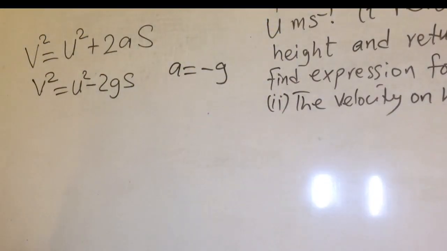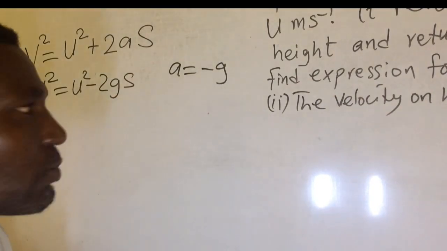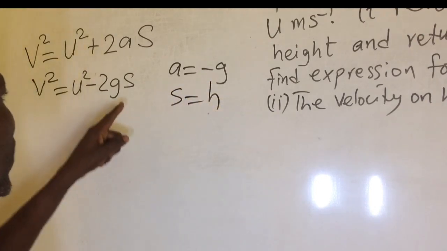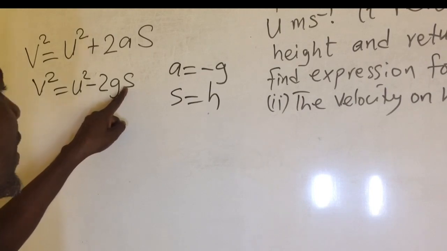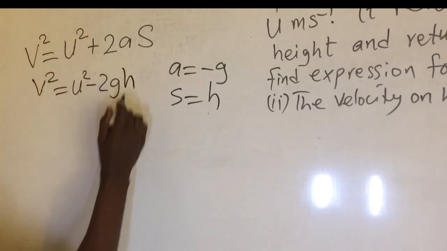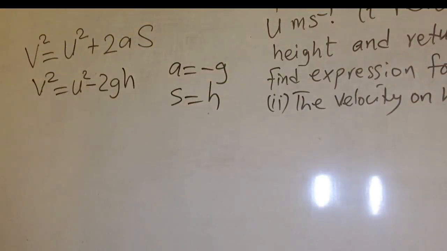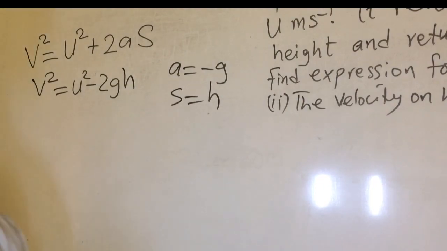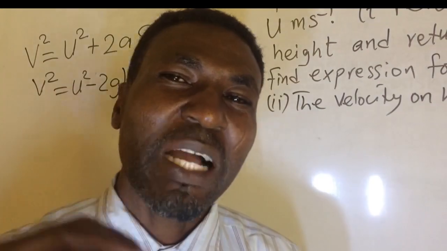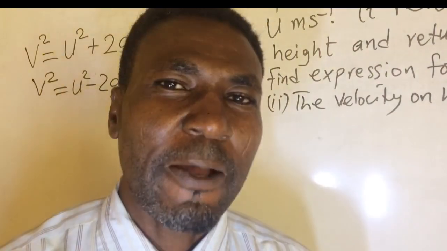Now s should stand for the maximum height. Let s equal h, so we replace s with h for our maximum height. Remember, you threw a stone upward. At the maximum height, the stone will temporarily stop before coming down.